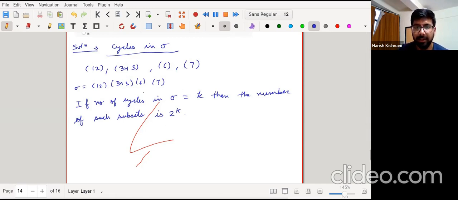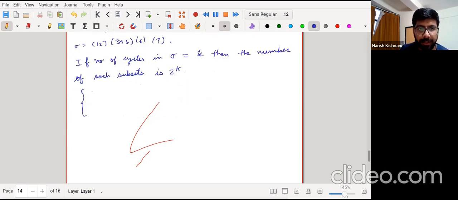So let T be the set. Maybe I can write it here. Some of you might have realized why I have written this. If it is not clear, then let me clarify it. Let T be the set containing all elements which are in cycle type. So 1, 2 is there, so I will write 1, 2 as an element. 3, 4, 5 is a cycle, so 3, 4, 5 as an element. 6 as an element and 7 as an element.